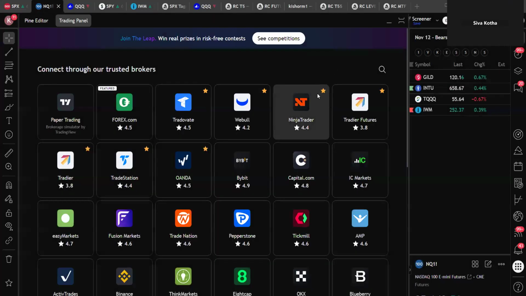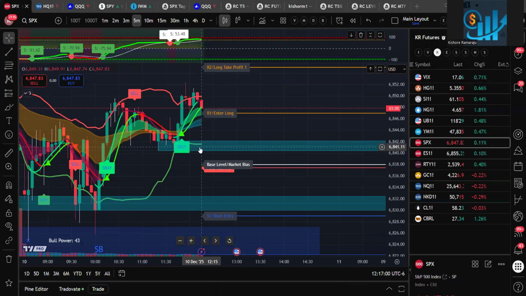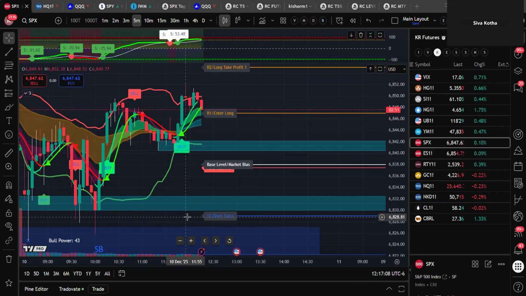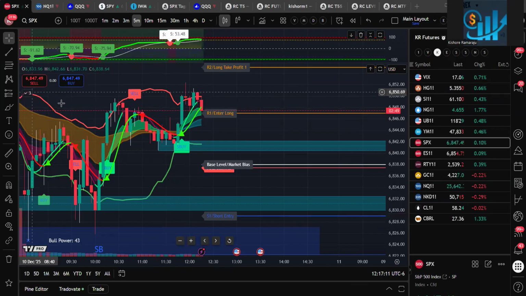Okay, then I need to connect NinjaTrader. Right, if you want to do both sides, if you want to take low risk and complete 50%. Let us say you have 20 accounts, you want to complete 10 accounts, and you don't want to take any risk. Then you can do long on one tab and short on this tab.